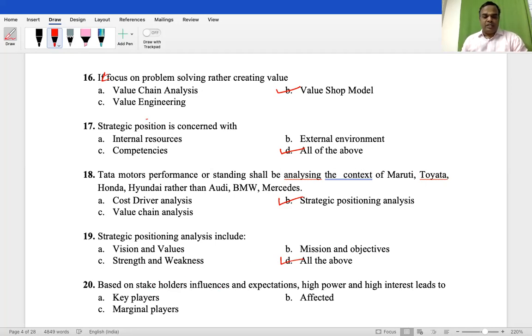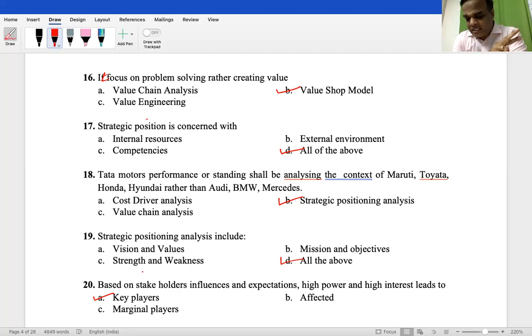Based on stakeholders' influence and expectation, high power and high interest leads to key players. What about influence as well as stakeholders' expectation? It is a four-column matrix.